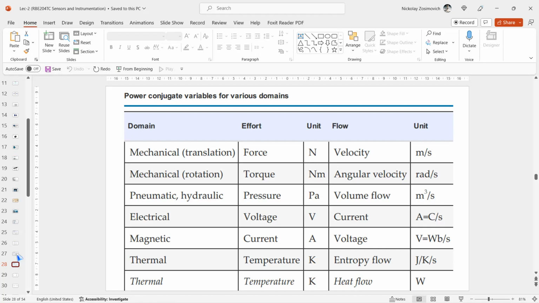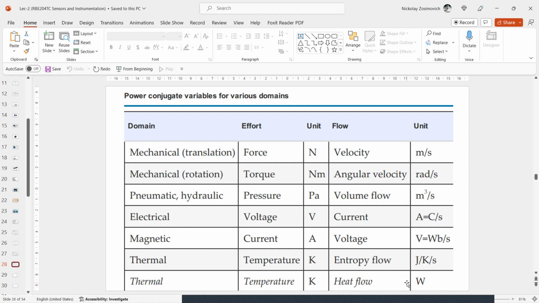And finally, you should notice that the dimension of the product of each domain pair is always J over meter cubed, energy per unit volume. Whereas the product of the pair of effort and flow variables in this table has the dimensions of power.